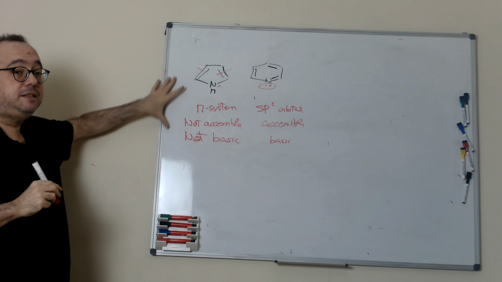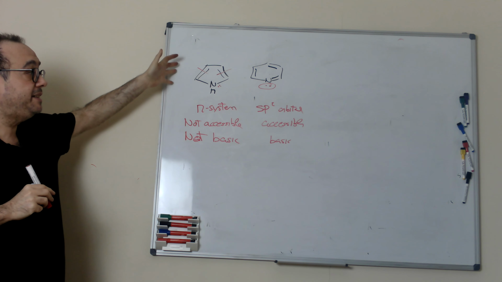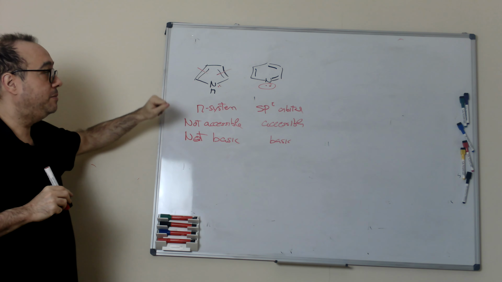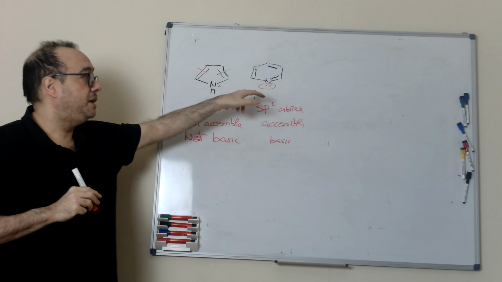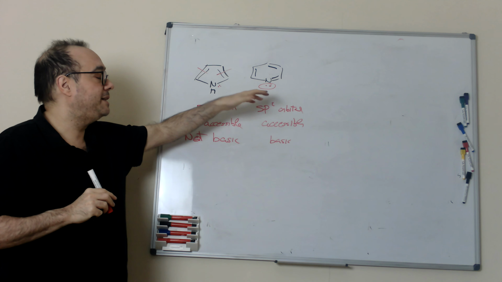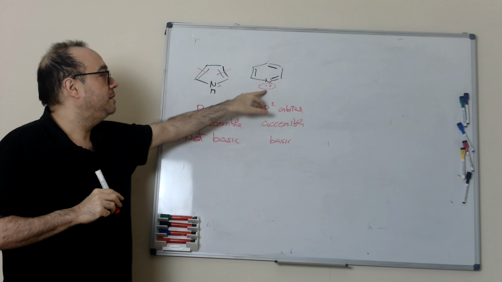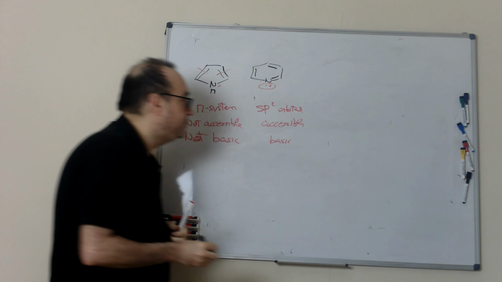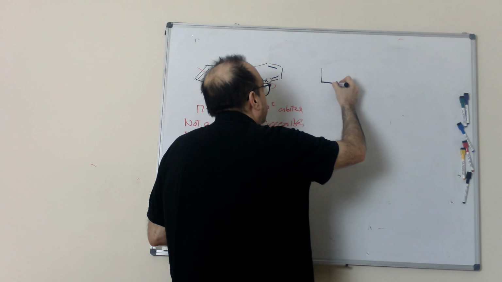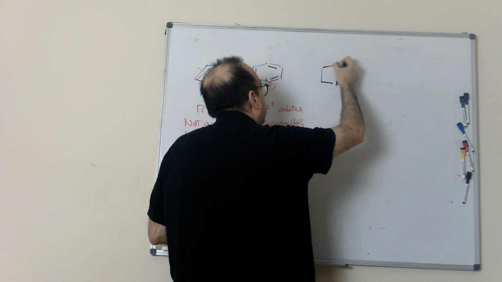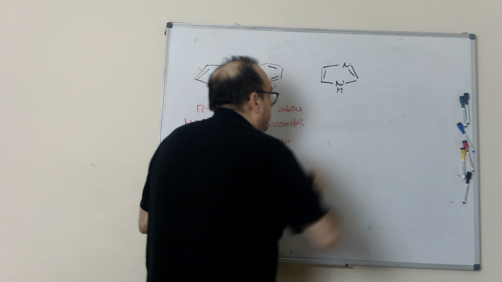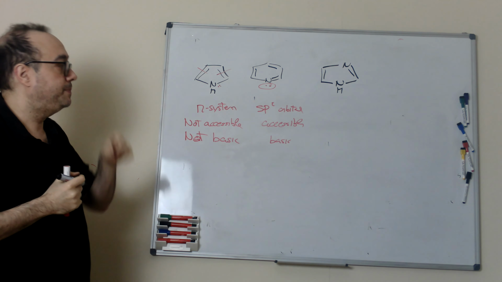And this is the basis of the basicity in these heteroaromatics. That means we have to check in each of the heteroaromatics where we have the pair of electrons of the nitrogen. For example, here we have imidazole.